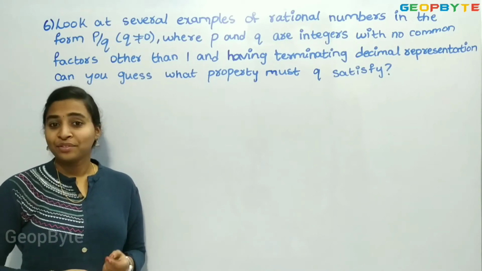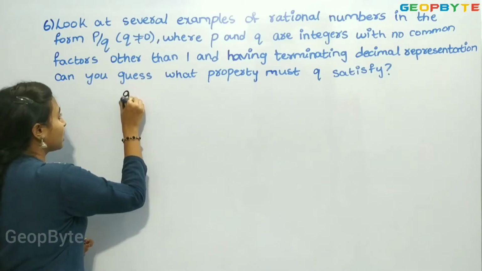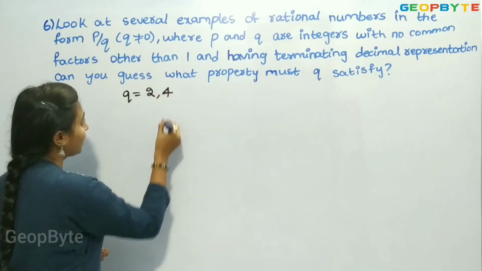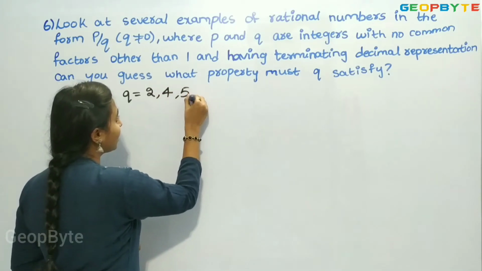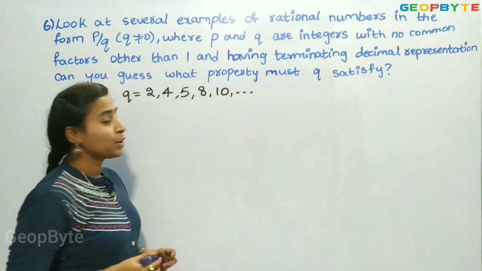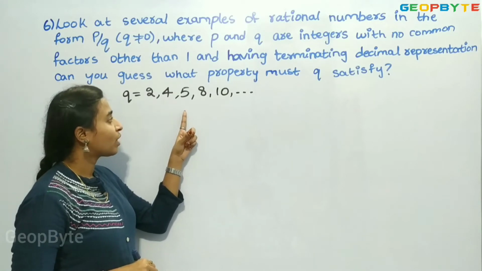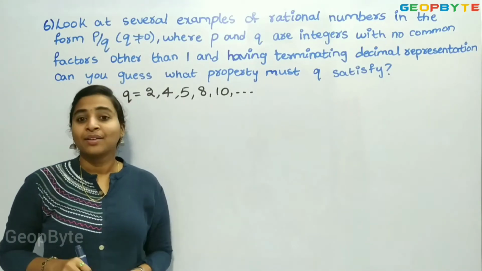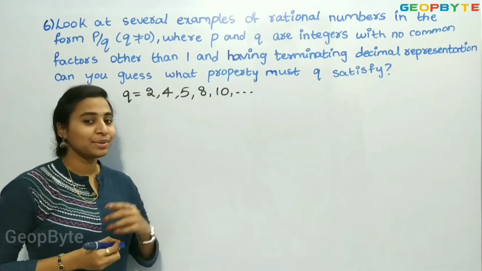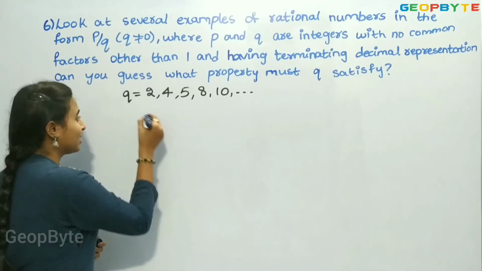Let us see. First, we observe that when q is 2, 4, 5, 8, 10 and so on, we get terminating decimal representation. Let us see with some examples.